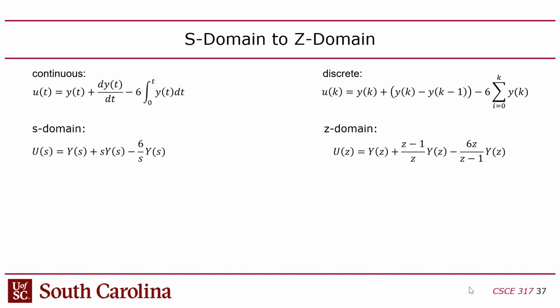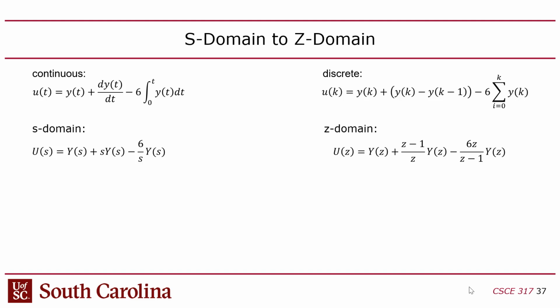Z minus 1 over z is equivalent to saying 1 minus 1 over z, right? And 1 minus 1 over z is like saying 1 minus z to the negative 1. It's 1 minus z to the negative first power, right? Well, that's what you're doing here, because remember I said that z to the negative first power is the previous sample.